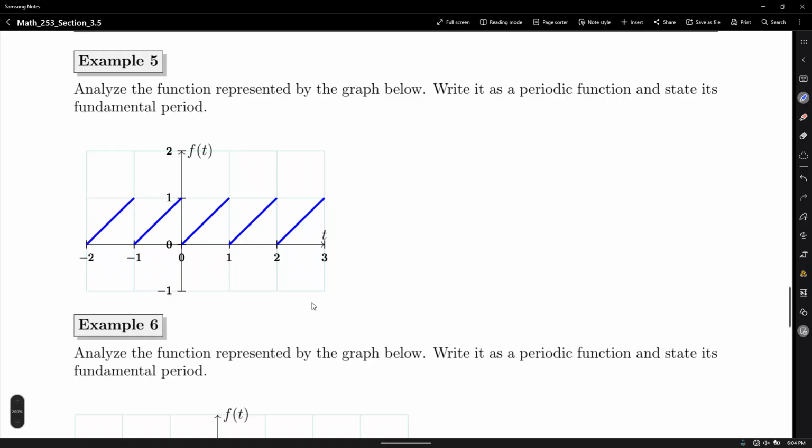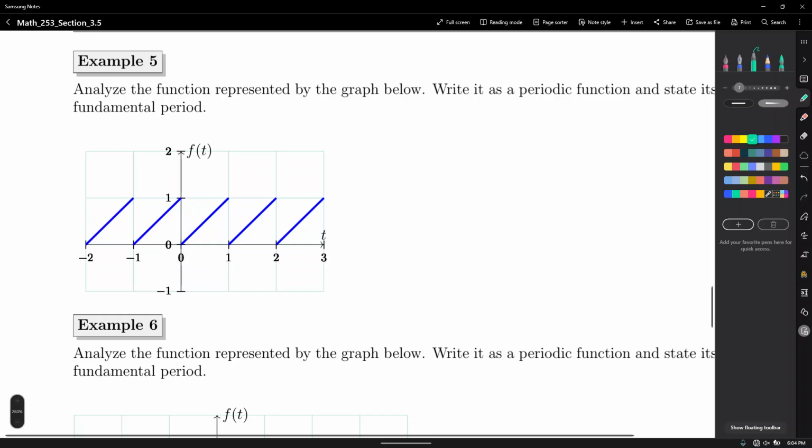So the shape of the graph repeats and repeats every unit. Actually, if we think about it, there is one unit every time the graph repeats itself. That is the fundamental period.